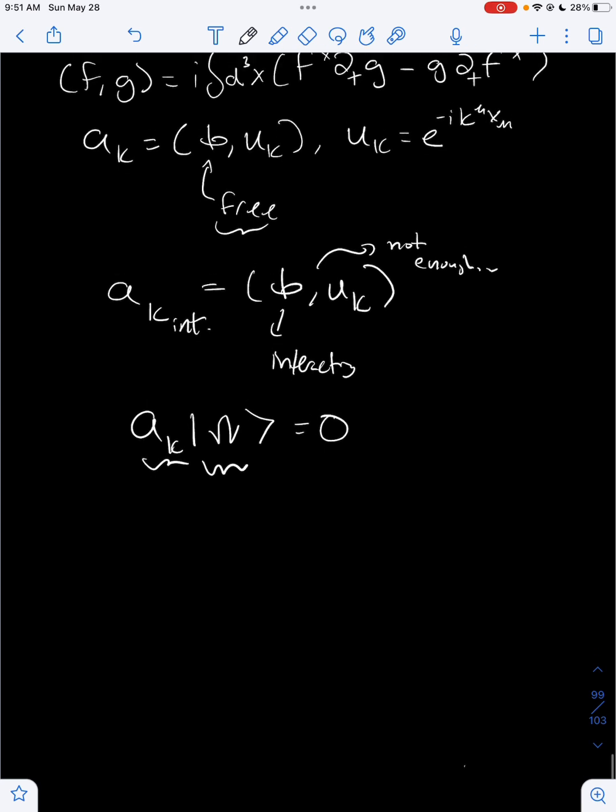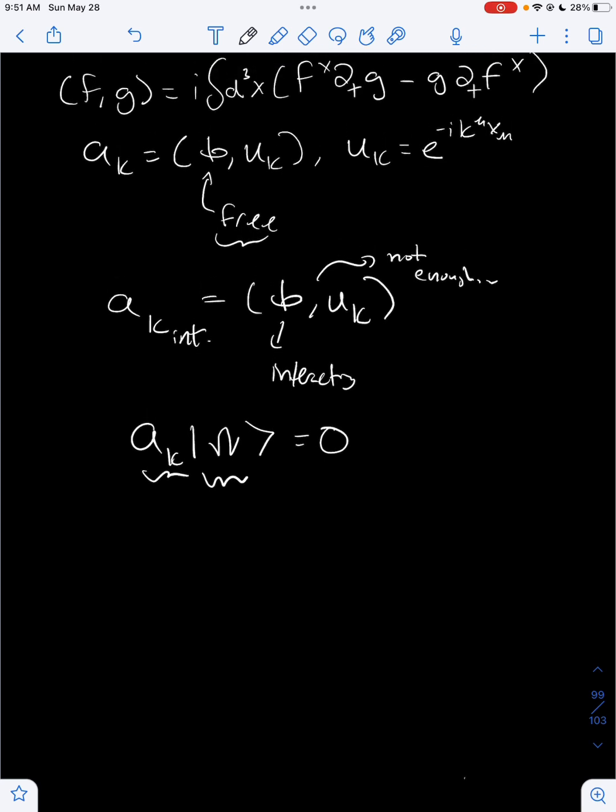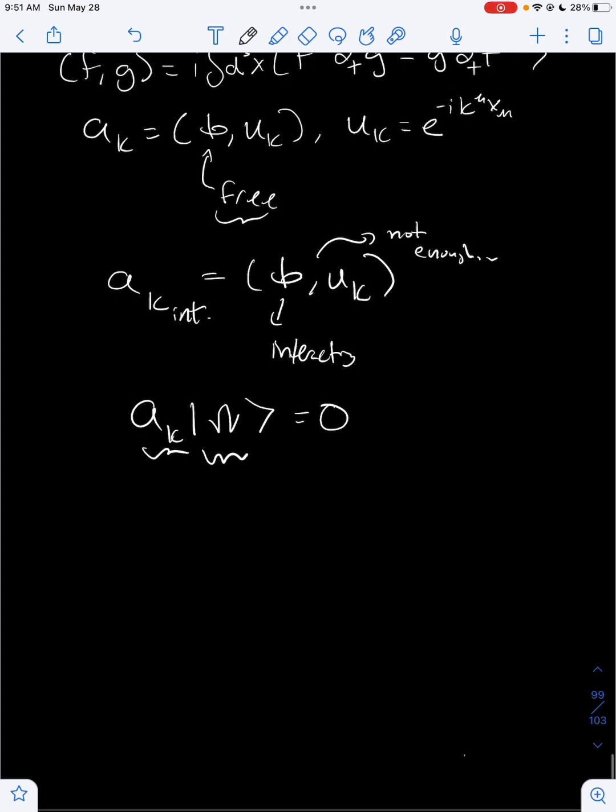So what we can do to start playing with free fields is we're going to assume that when t approaches positive or minus infinity, the interacting field actually approaches the form of a free field.